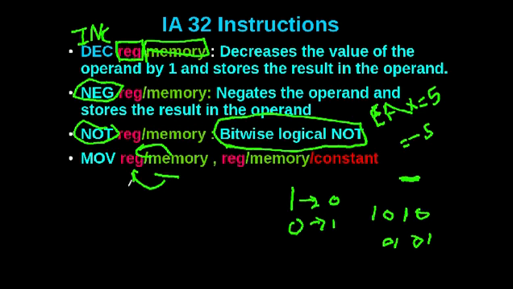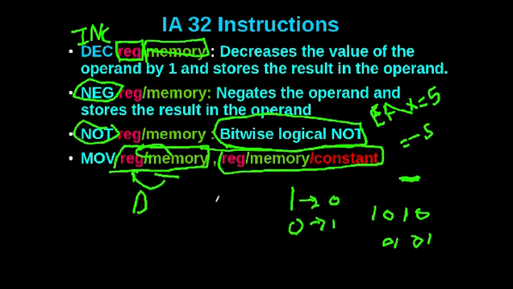Here are the two operands. Is this the source or destination? This is the destination, let's say D, and this is the source. And it goes from the source to the destination.